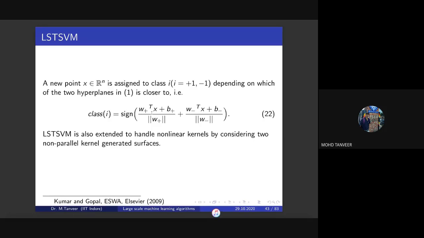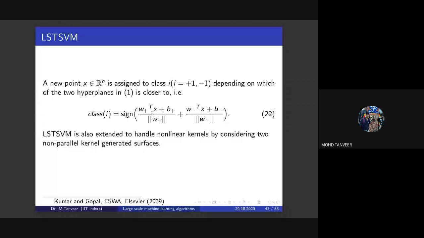And this is the decision function; these are standard decision functions in almost all the classifiers. One can extend the same to the nonlinear case by introducing phi, and the only change in the dual formulation is that in place of xi transpose x, it will be phi xi transpose phi x.